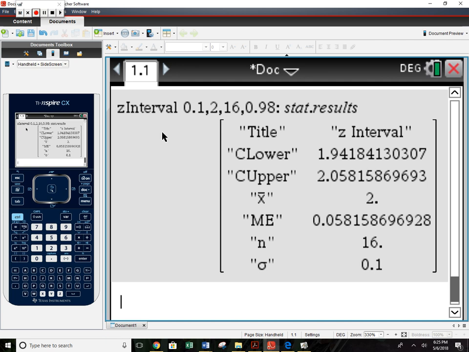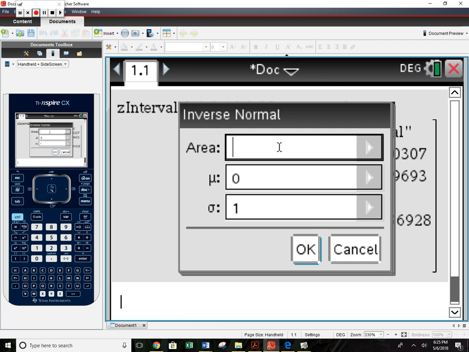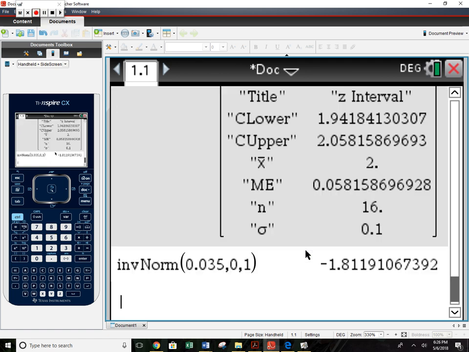We're going to use inverse normal. The area is 0.035, and we leave the mean at 0 and the standard deviation at 1, and that will give us a z-score. So my z-score is negative 1.8.